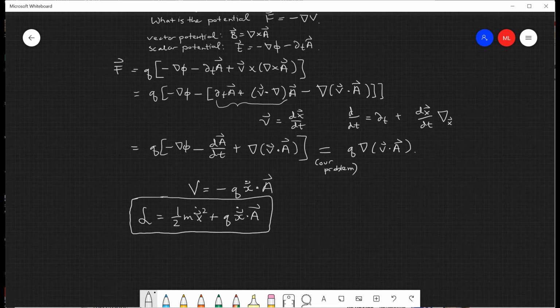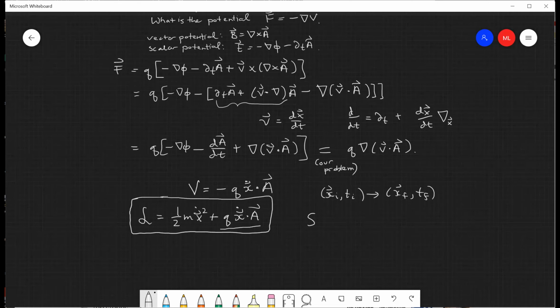And so what's interesting is that, of course, we know that in the Feynman path integral, we have to integrate the Lagrangian from the initial time to the final time. And so if we go from some initial position at some initial time to the final position at the final time, then the change due to this term, we can actually write that.